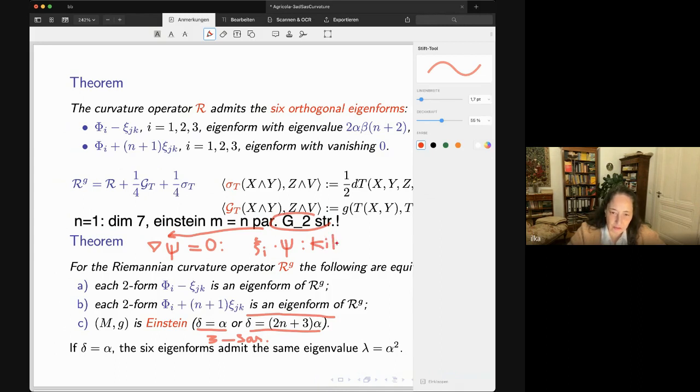The old theorems of Thomas Friedrich and Ines Kath said that a 3-Sasaki manifold in dimension 7 admits three Killing spinors. Our approach first explains where the Killing spinors come from, namely from the G2 structure.